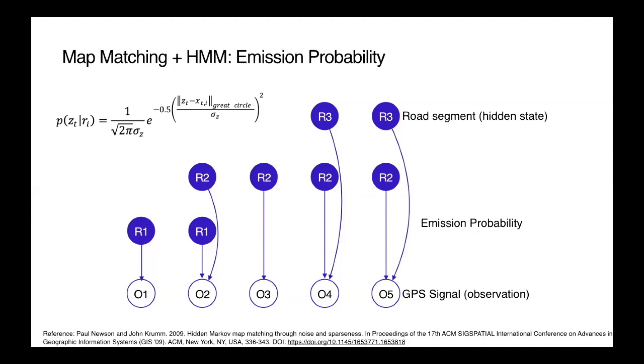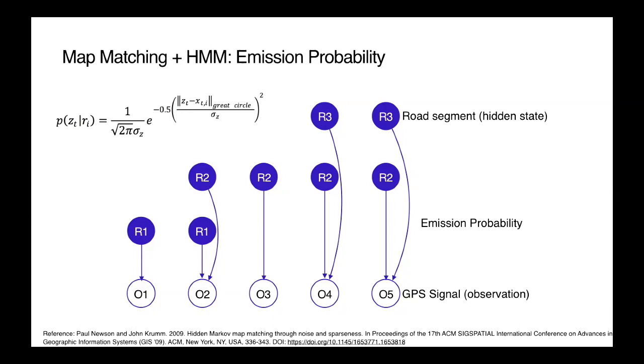That is precisely what is captured in the conditional probability formula on the top left of the screen, wherein the emission probability is simply a function of the great circle distance between the GPS signal and the projection of my GPS signal on that particular road segment. So we compute this emission probability for every candidate corresponding to our observations. In this example, we'd compute, I believe, 9 emission probabilities.